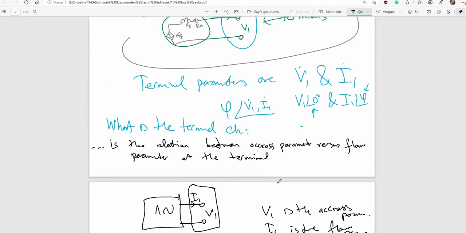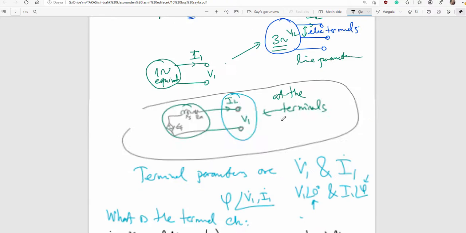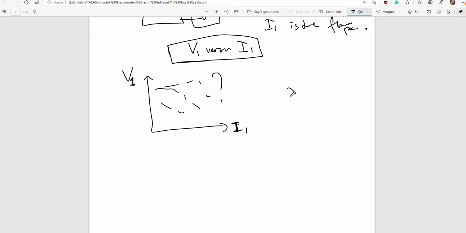because at the output of a generator you use some power. Power has some parameters such as voltage and current. Here would be square root of 3, it doesn't matter.